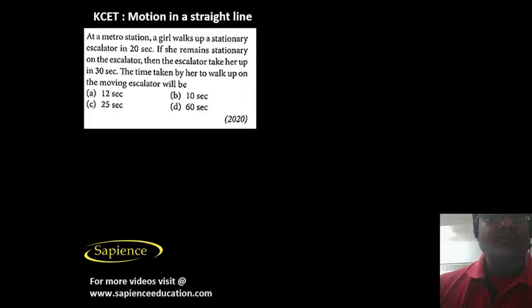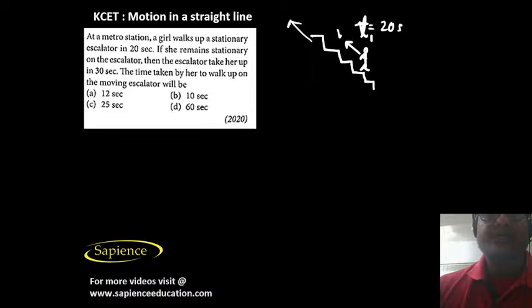If she remains stationary on the escalator, then the escalator takes her up in 30 seconds. So the time she takes on the stationary escalator is 20 seconds. Let's say it is t1, and her speed is v.